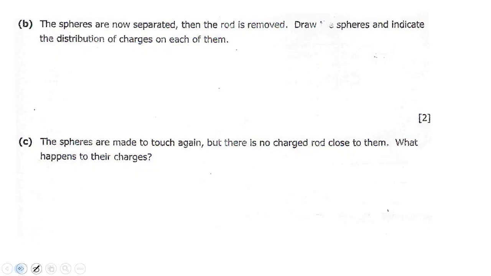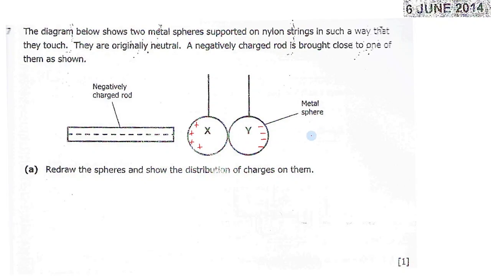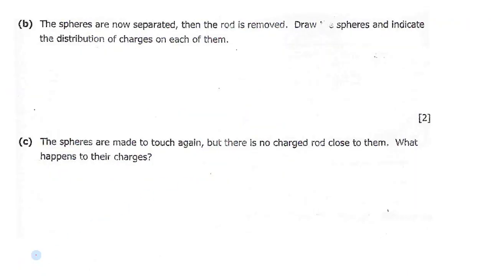So when they are separated and you remove the rod, this one will be negative like that, and this one will be positive like that. So this is how it is going to be.